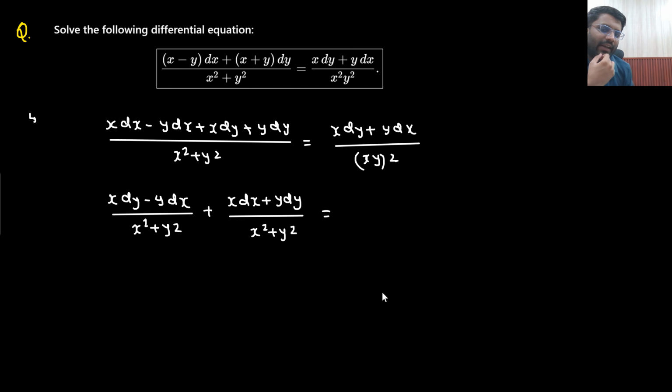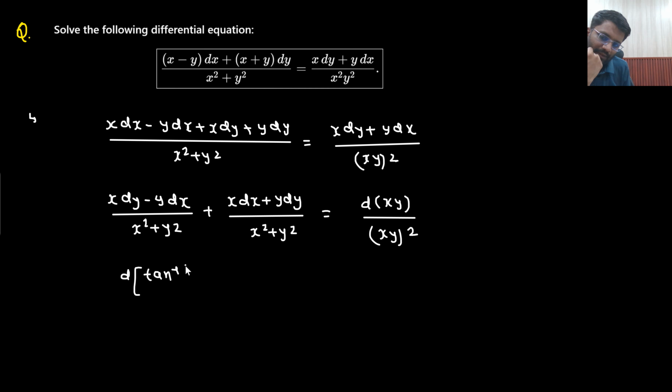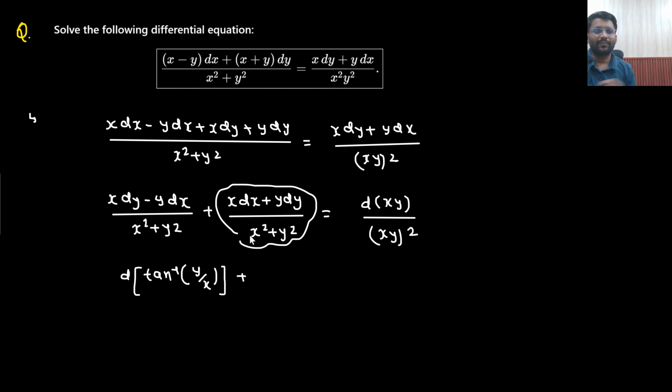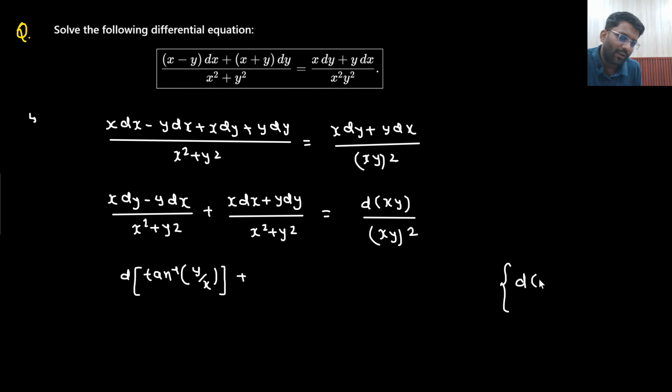And then here, what is it? x dy plus y dx. This I already know, it is d of xy divided by xy whole square. What is x dy minus y dx over x square plus y square? This is nothing but d of tan inverse y by x. You can check it. Now, x dx plus y dy: d of x square plus y square would be 2x dx plus 2y dy.